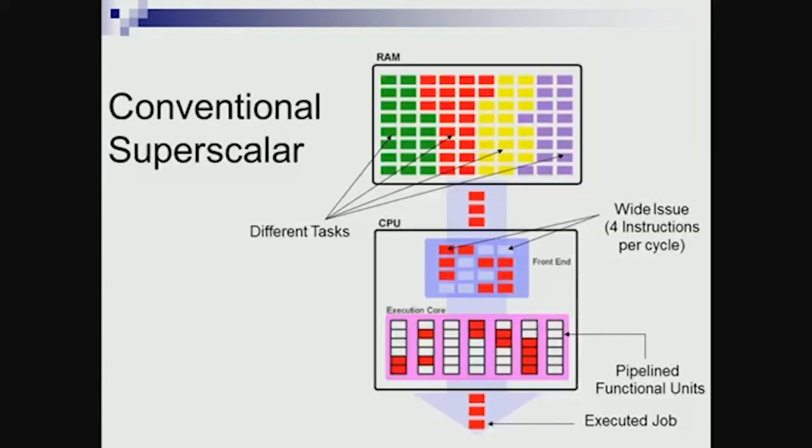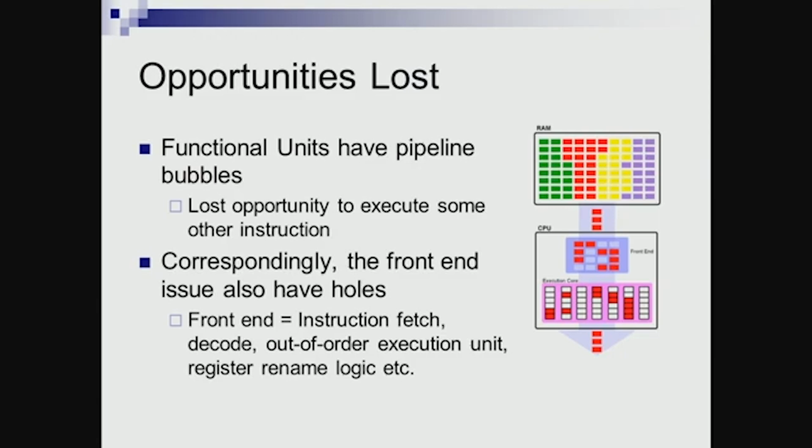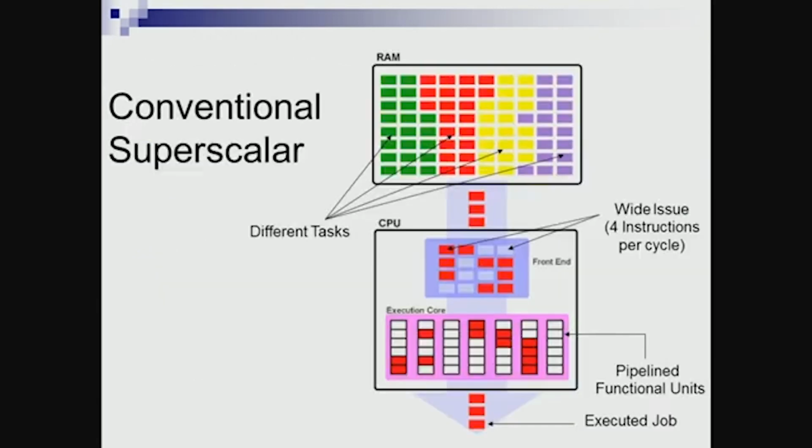A conventional superscalar, as we had seen, takes one red program, executes it and finishes. As I move the mouse on top of it, you see there are many white slots here; these units are underutilized.